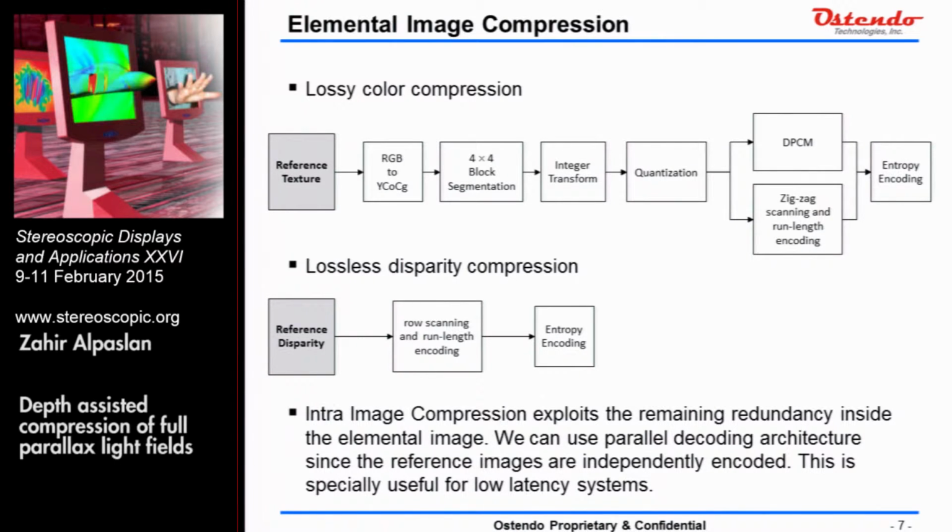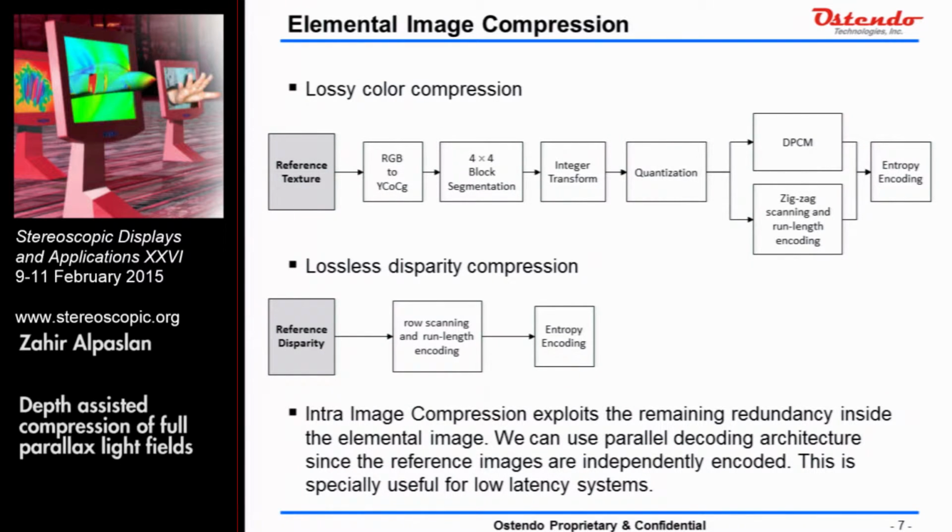Basically, for the texture, for the color, we apply this lossy compression algorithm, which performs color conversion, block segmentation, integer transform, quantization, and at the end, just a Huffman entropy encoding. For the disparity, we did not go with what usual 3D video compression standards use.